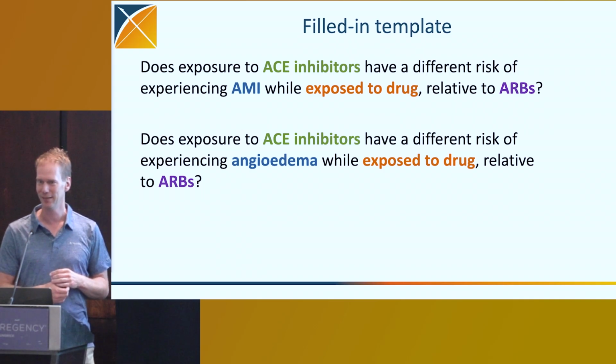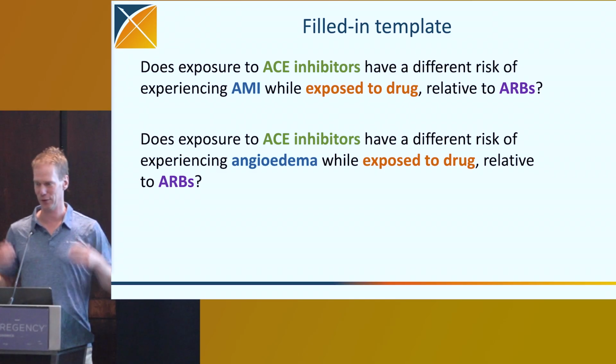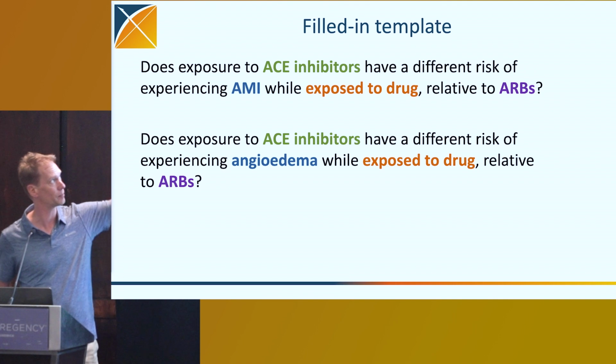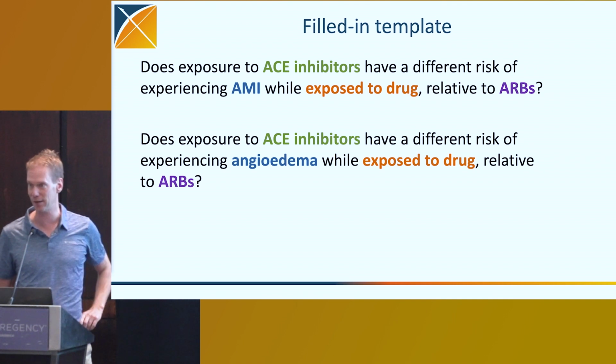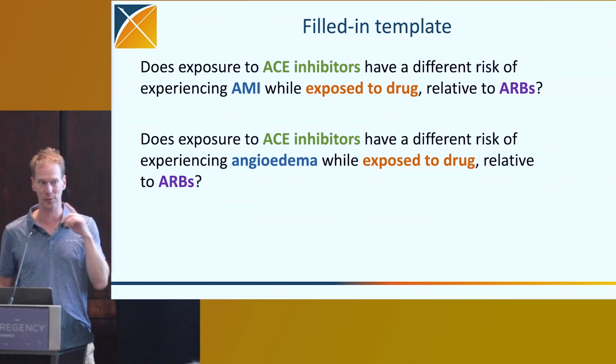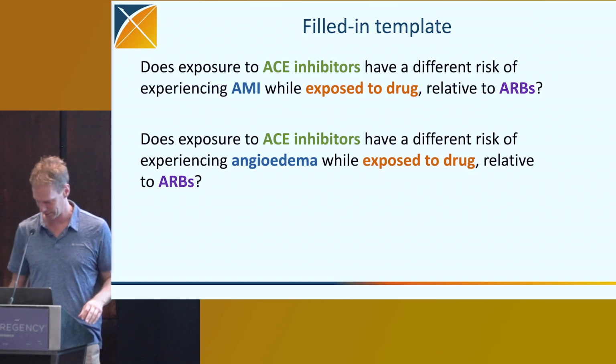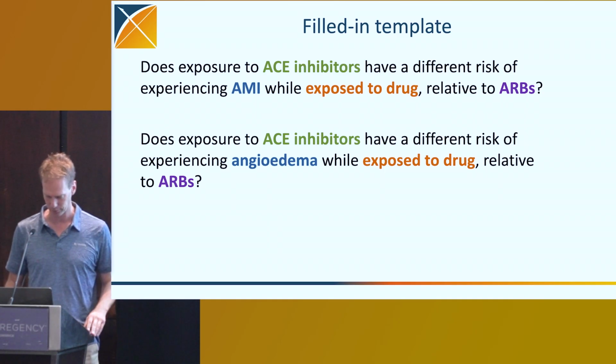You get anaphylaxis in the first couple of days, or probably the first hour. So then I might redefine my time at risk as just the first few days. But in this case, angioedema is considered to have a constant risk. And for acute myocardial infarction, you would expect that the drug over time protects you against cardiovascular events like that.